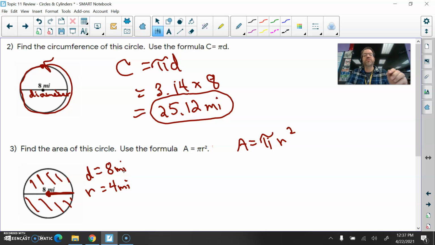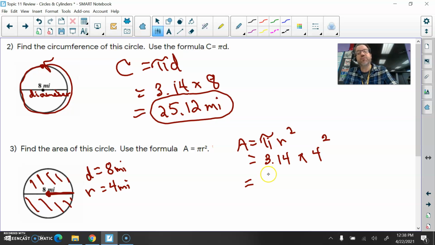So now I know everything that needs to be substituted in here. Area is pi, 3.14. Again, we always use 3.14 for pi unless we're told to use something else. Times the radius, which is 4 squared. All right, and so we'll solve that. Looks like it's going to be 50.24, is it? Let's see, 3.14 times, I'm just going to multiply by 16 because I know that's what 4 squared is.